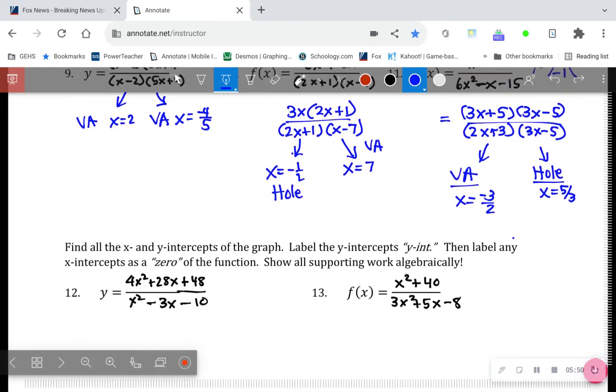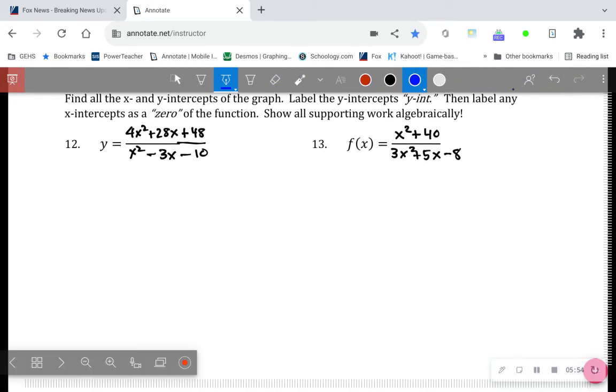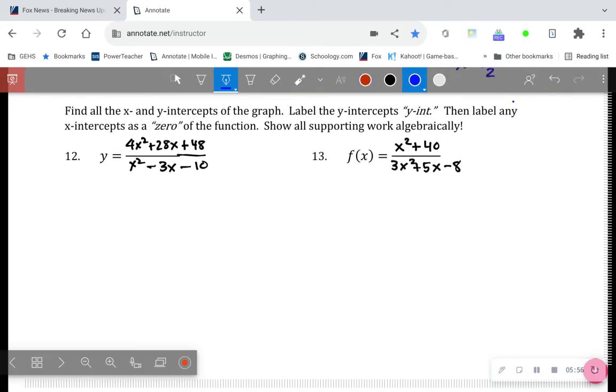All right. The next section here, we're supposed to find the x and y intercepts. I'm going to do the y-intercept on both of these first. Anytime you're on the y-axis, the x value is equal to 0. So picture 0 times 0 times 4, that would disappear. 0 times 28, that would disappear, and you'd be left with 48.